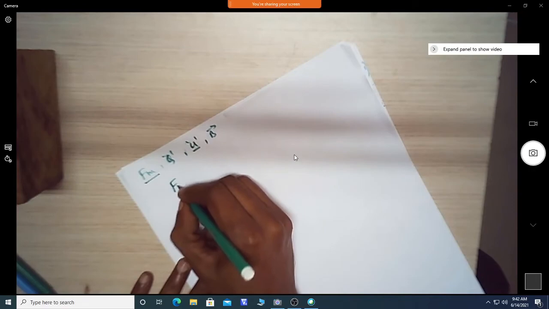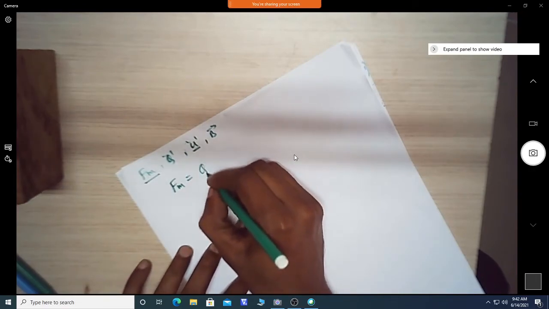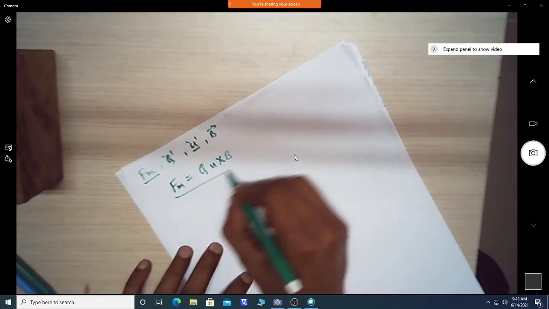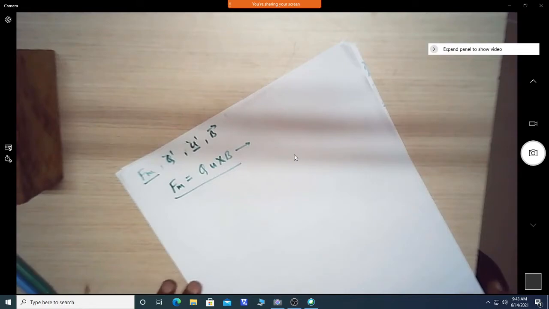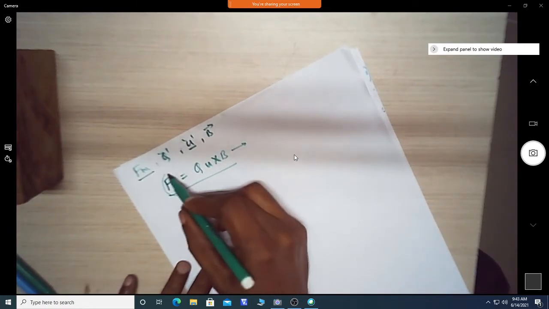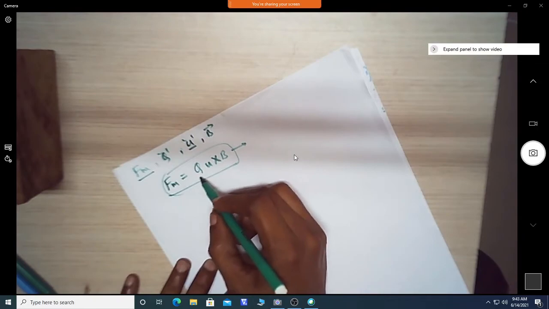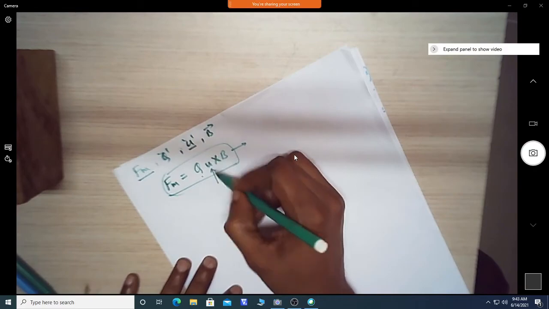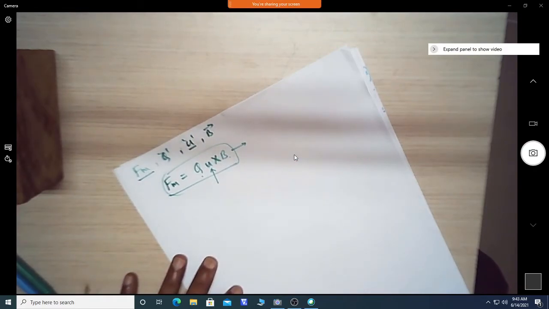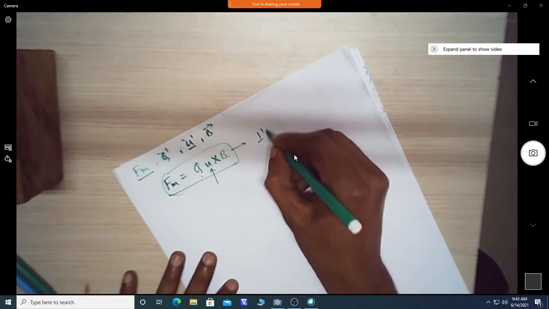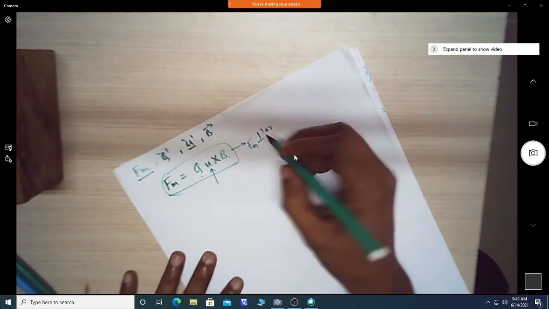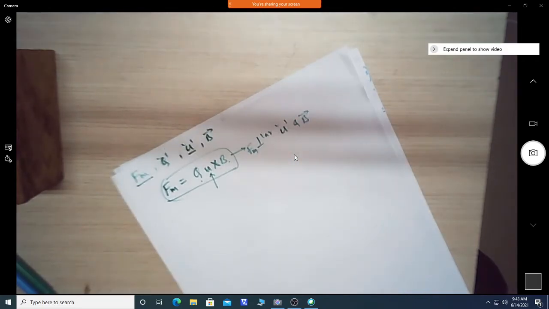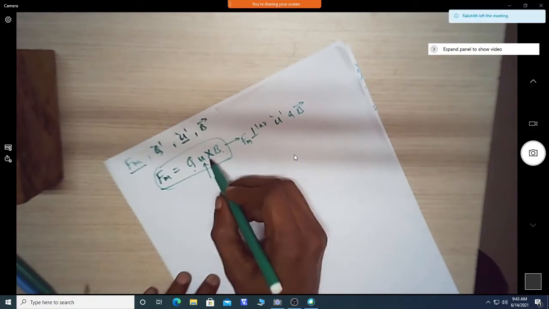We can write the magnetic force as Q into u cross B. This is a cross product; note it down, it is very important. This equation shows that the force exerted on the charge is always perpendicular to the direction of the velocity and also to the field. The magnetic force Fm is perpendicular to both u as well as B. That is the meaning of this cross.